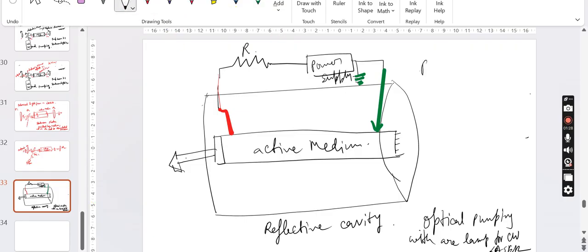So this is the electrical pumping for CW mode, and we don't need a reflector also.